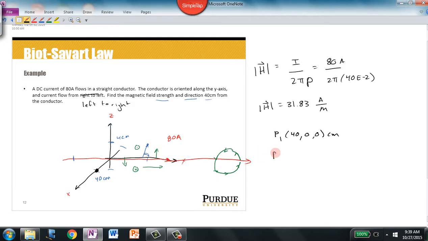We're going to have P2, which is 0, 0, 40. So that's that point right there, 40 centimeters in that direction. And then we're going to have P3, which is at 28.284, 0, 28.284. So that's some point, roughly right there in space. So this is P1 here, P2, and P3.